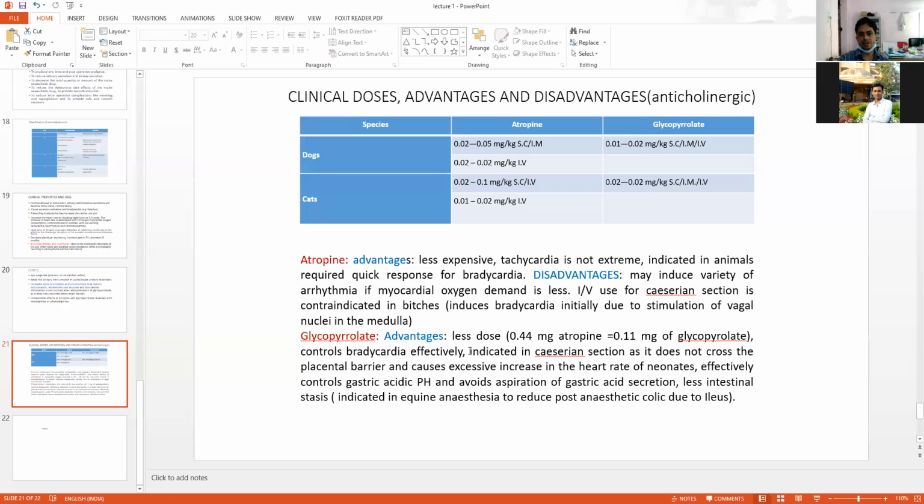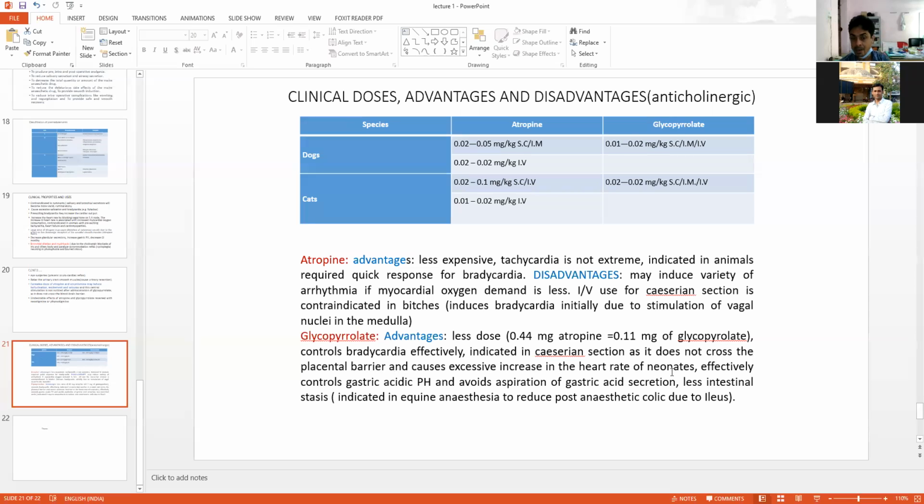Now glycopyrrolate, what are the advantages? This is used in a lower dose. The dose of atropine is 0.04 to 0.05 mg per kg, and the dose of glycopyrrolate is 0.01 mg per kg body weight. It controls bradycardia effectively. It is indicated in cesarean section as it does not cross the placental barrier and cause excessive increase in heart rate of neonates.